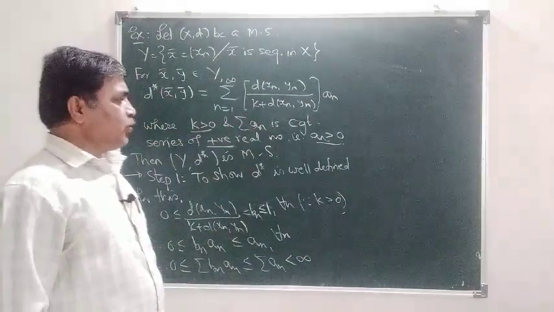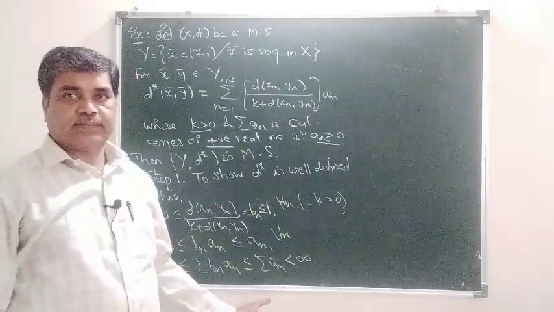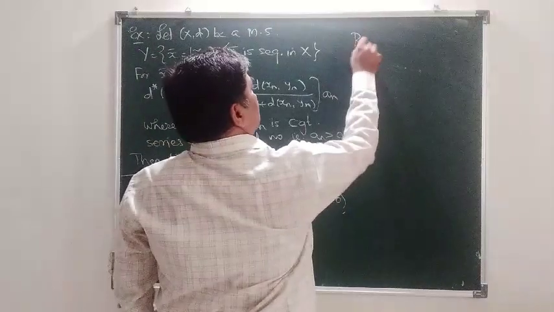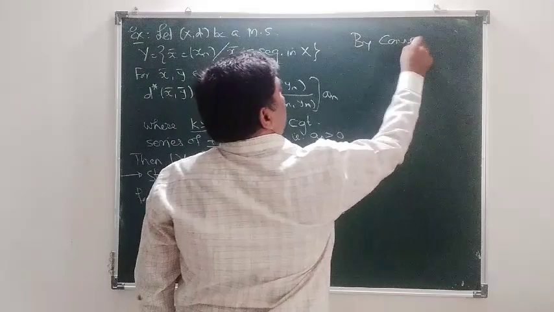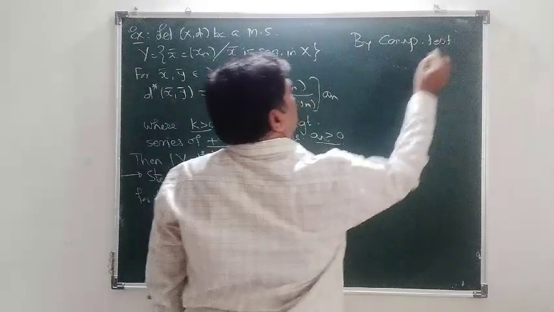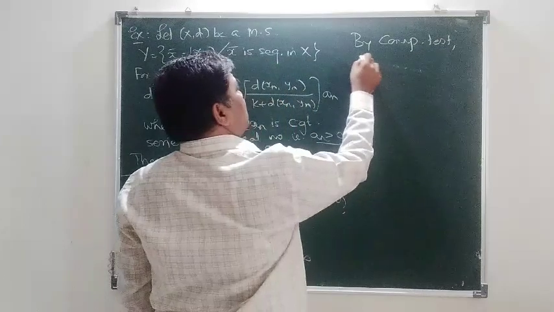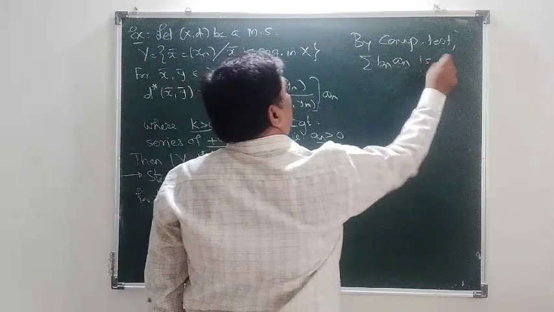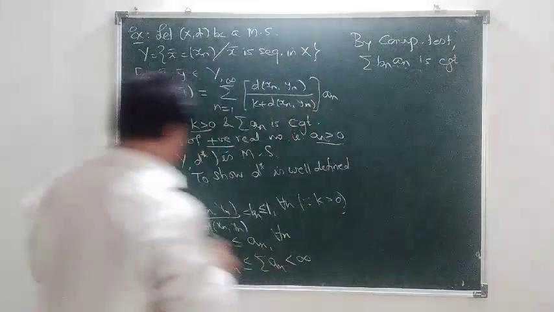Summation an is given to be a convergent series. Therefore by the comparison test for convergence of series, summation of bn into an is convergent. But what are bn's?